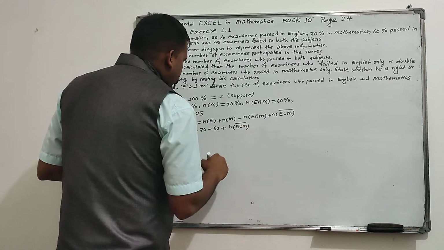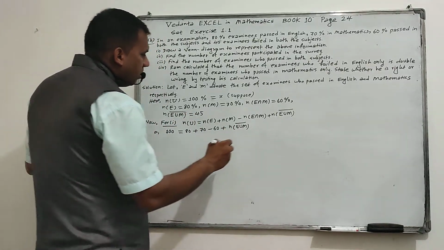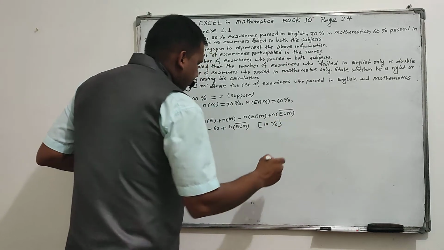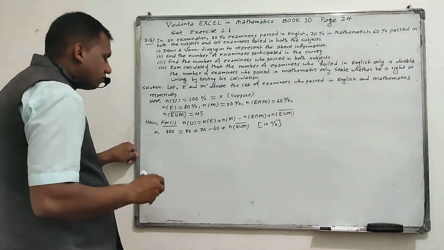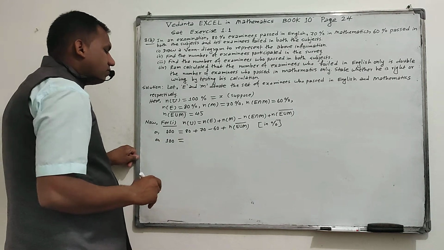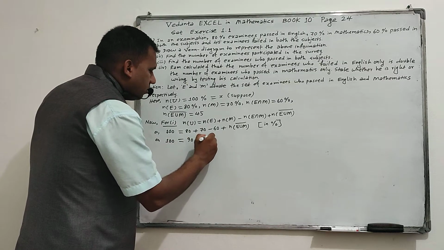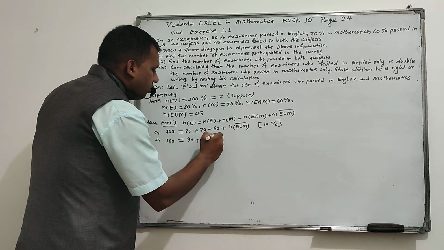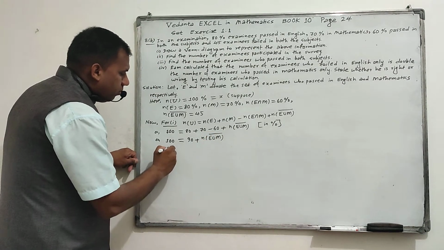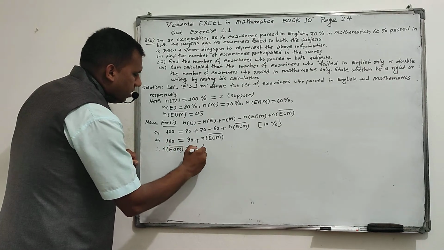This is not given in percentage, this is in numbers, so we have to find this in percentage. All the data are in percentage, so the calculation is in percentage. Or 100 equals 90 plus number of E union M whole complement. Therefore, number of E union M whole complement equals 10%.